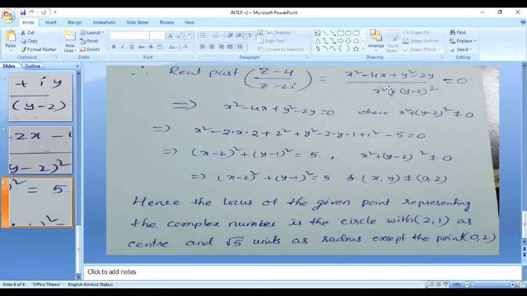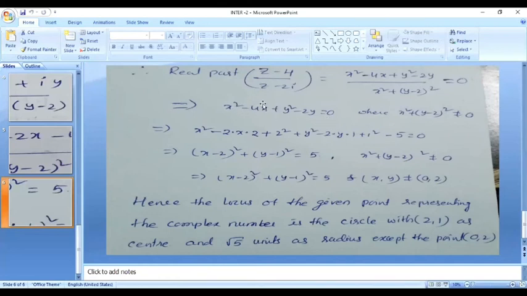That's why x square plus y minus 2 whole square is not equal to 0. Suppose this value is 0, then the total value does not exist. That means the denominator is non-zero. Again, numerator by denominator means the numerator value compulsorily becomes 0. That's why we take x square minus 4x plus y square minus 2y equals 0.